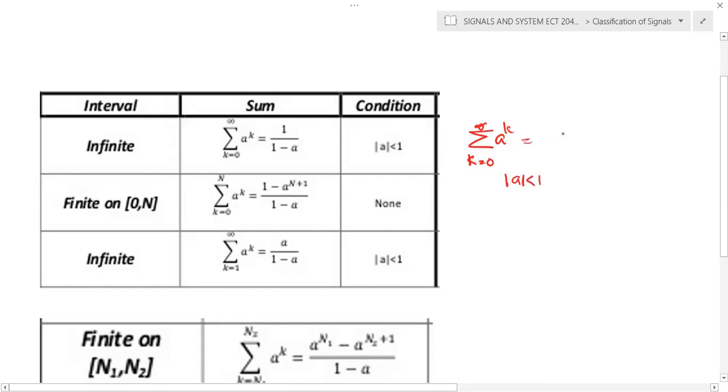Then this summation can be simplified to 1 by 1 minus a. So always remember that the modulus of a is less than 1. This is a very important formula when you discuss discrete time signals. So please mark this particular formula.